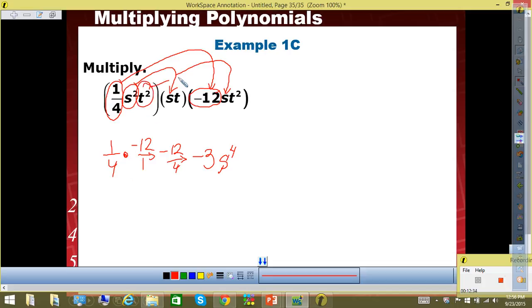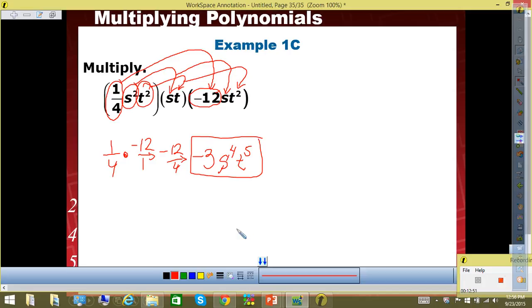Next, T squared times T, and then times T squared. Because they have the same base, right? So what is T squared times T? T cubed times T squared, that's T to the fifth. Are we doing good? All right.